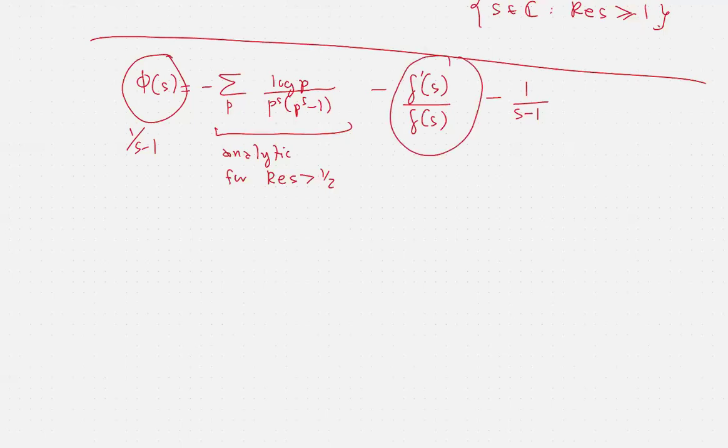And by subtracting 1 over s minus 1, this pole is deleted in some sense. And secondly, one has to show that zeta of s is different from 0 for real part of s greater than or equal to 1.